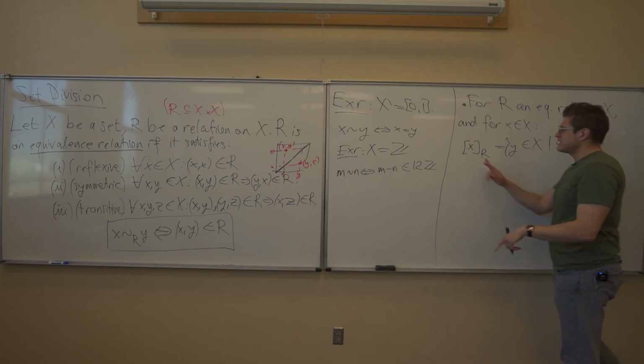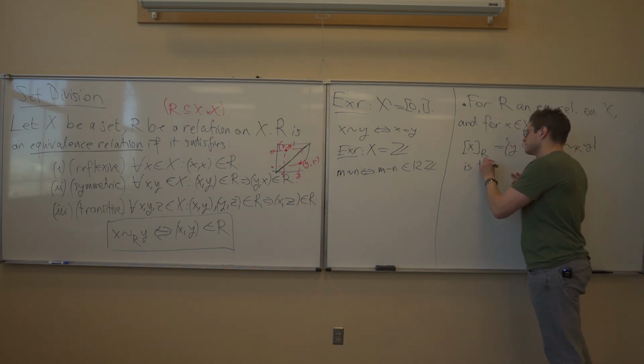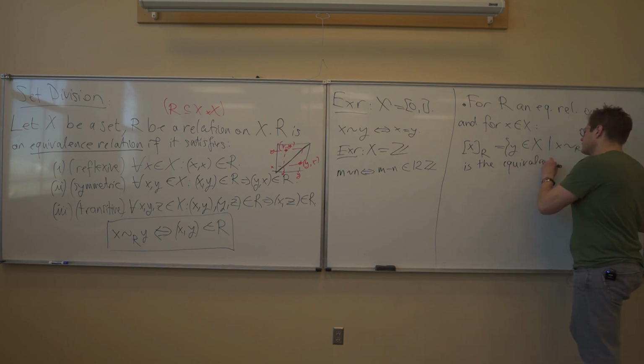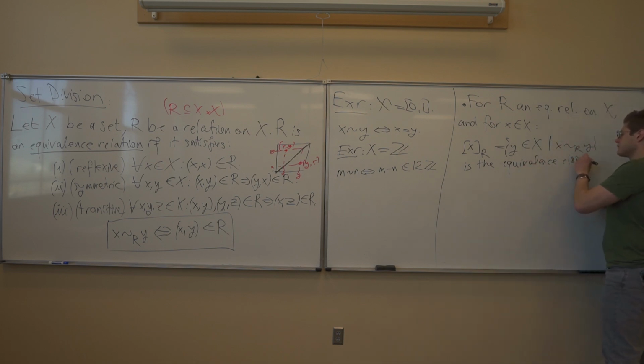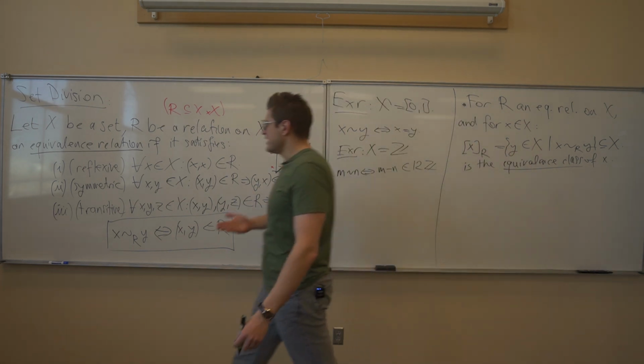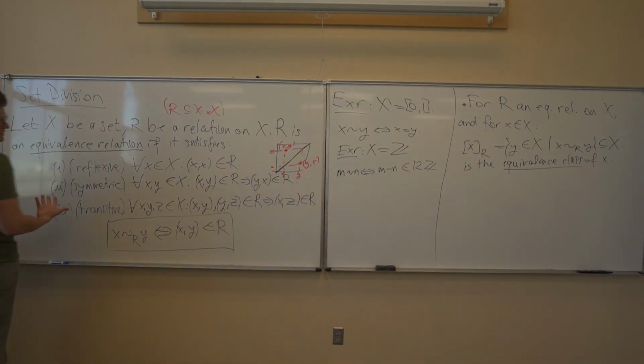This is the equivalence class of x. So this is a subset of X. In other words, it's an element of the power set. And then X divided by R, that's the division, is the set of all those equivalence classes.